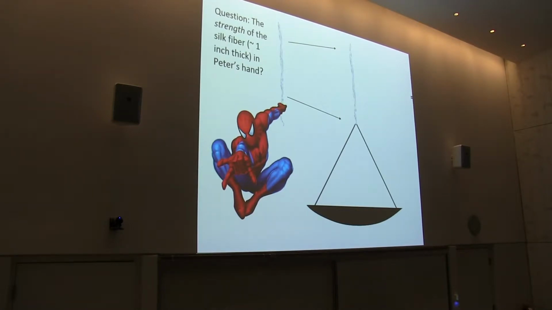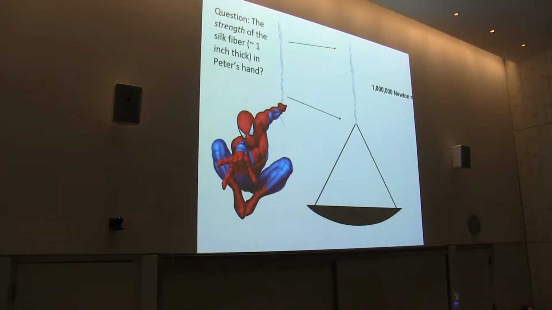I think most of you have seen this character in the movie Spider-Man. Peter Parker performed a very amazing job by using spider silk to stop the train and to hang between those buildings. So it must be a very strong material. If we take the strength of the spider silk and assume the fiber he has in his hand is 1 inch, what kind of weight can he hold?